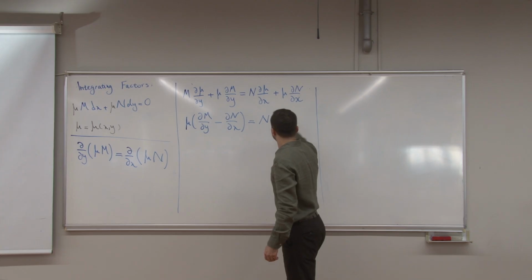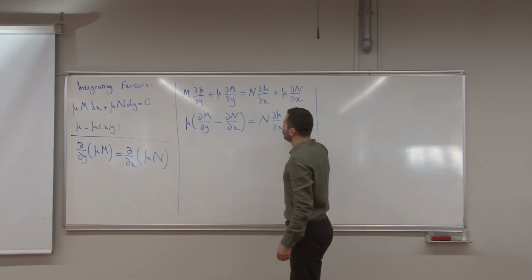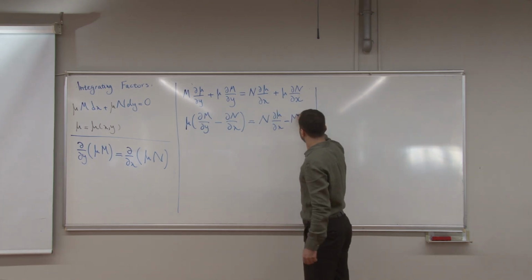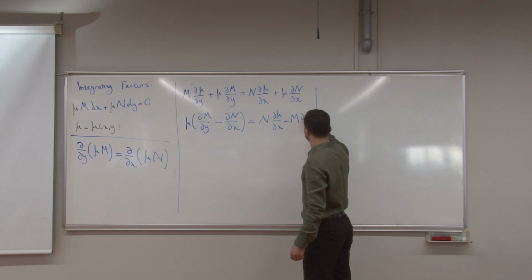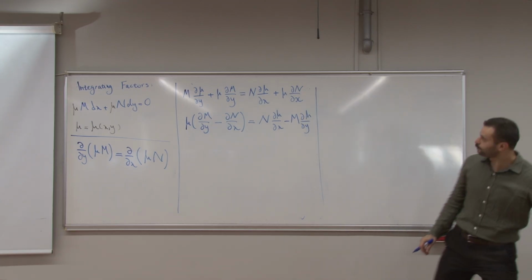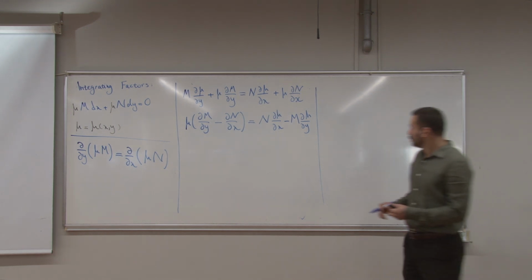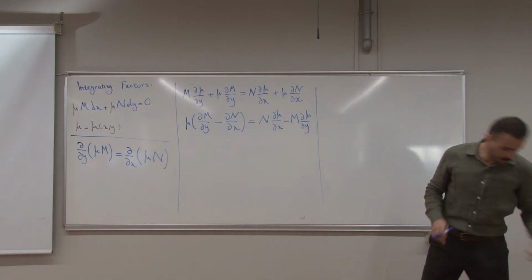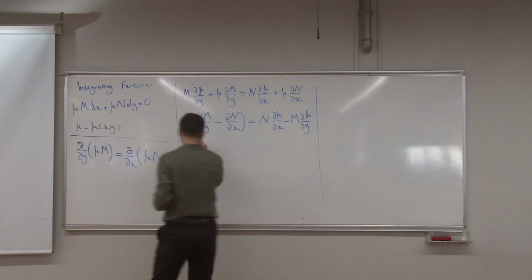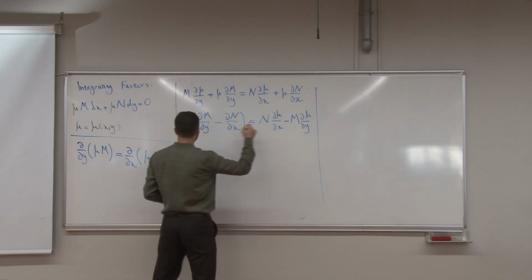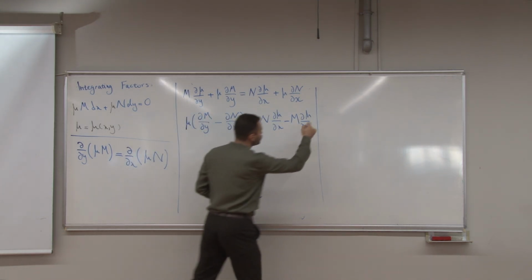N ∂mu/∂x minus M ∂mu/∂y. Okay? Now, here we have some cases. Let's call this equation star.